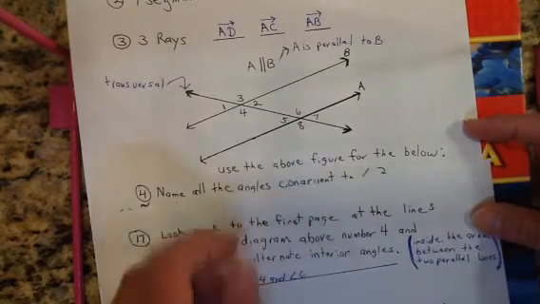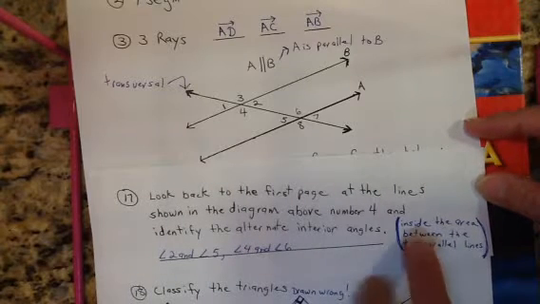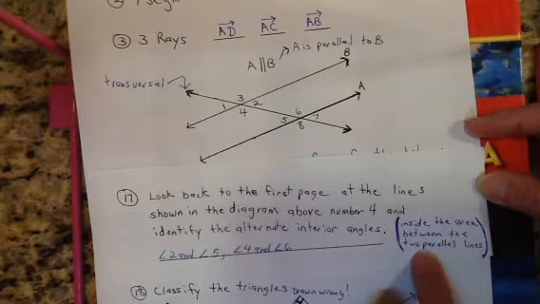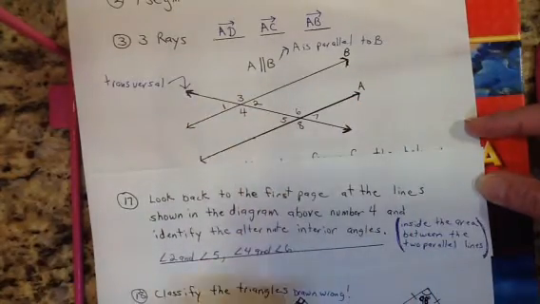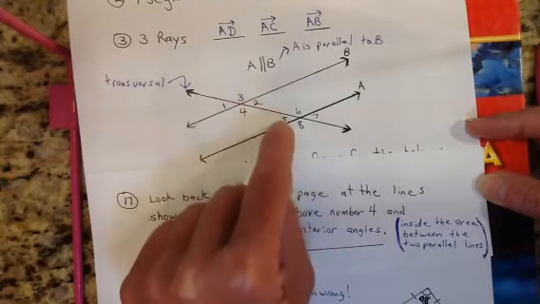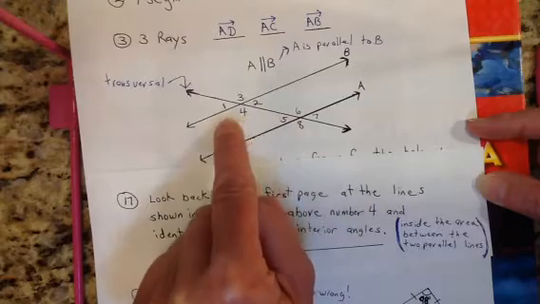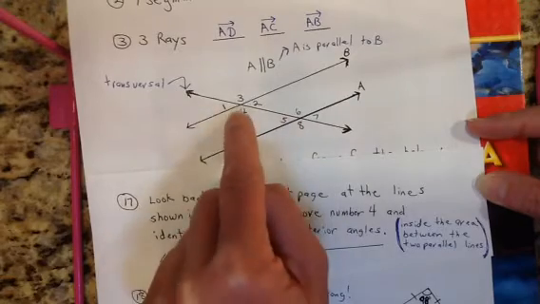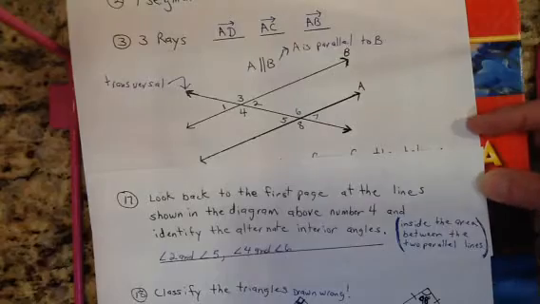Okay, so the definition of interior is inside the area between the two parallel lines. So these are our two parallel lines. An alternate interior. So 2 is the alternate interior angle for 5. They have the same measure when these are parallel. 4 is the alternate interior for 6. Okay.